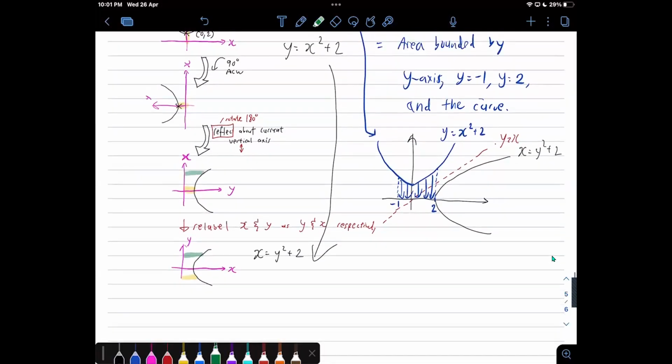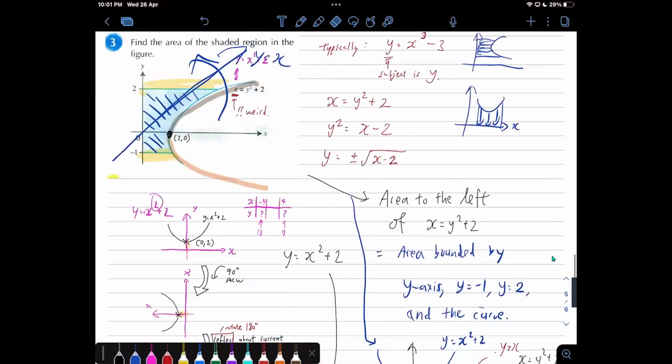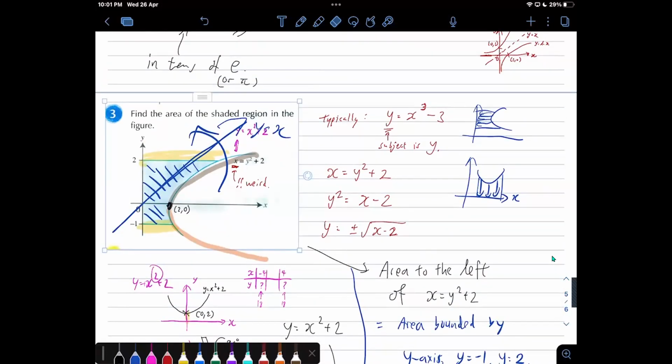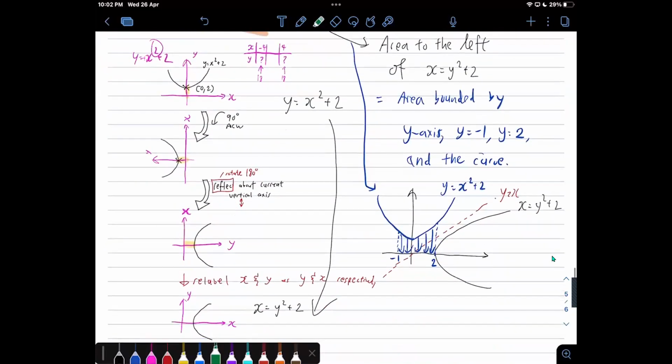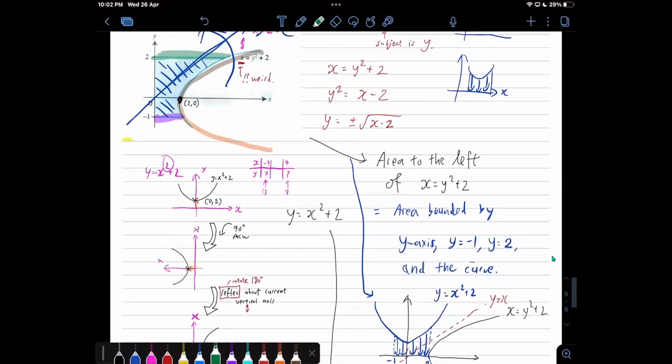Sorry, let me change color. I don't want yellow, I already used yellow. Let's try purple for -1 and green for +2. Is that okay? So purple for -1, so it's over here, right? Then green for +2 over there.